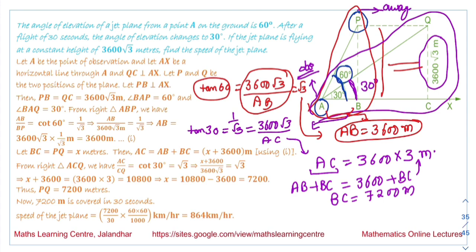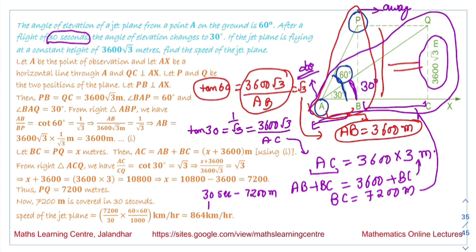This distance we are talking about is 7200 meters. Now it is given that the aeroplane has taken 30 seconds to travel this distance. In 30 seconds the aeroplane has traveled 7200 meters.